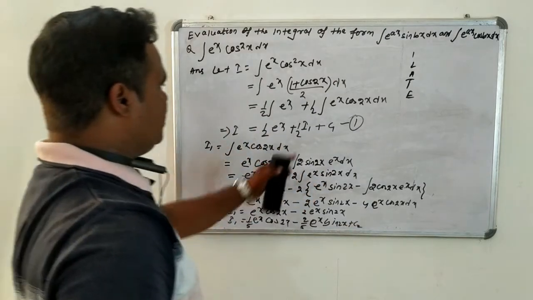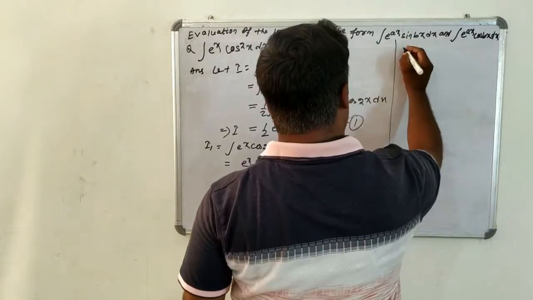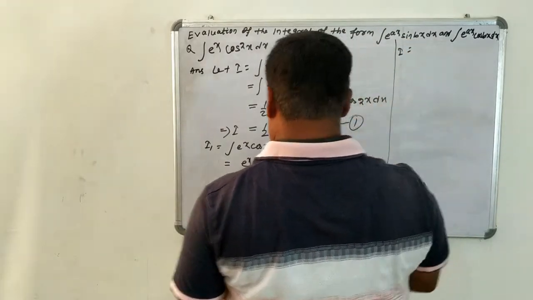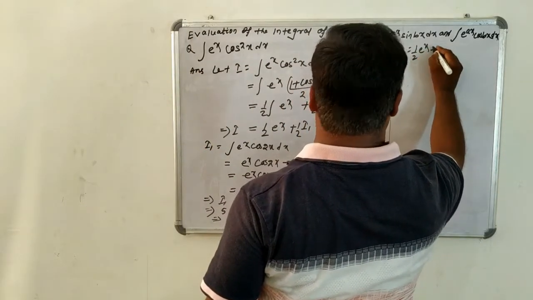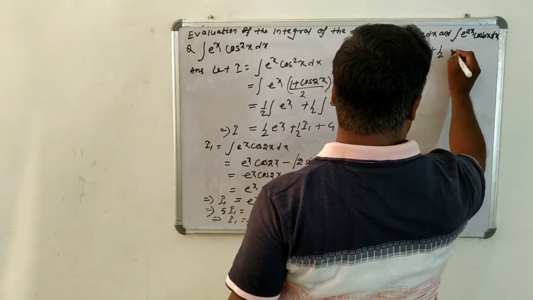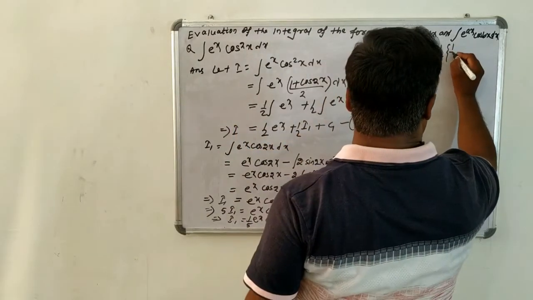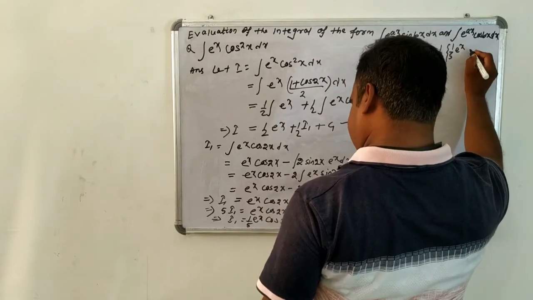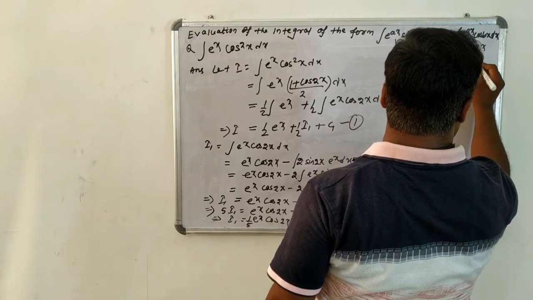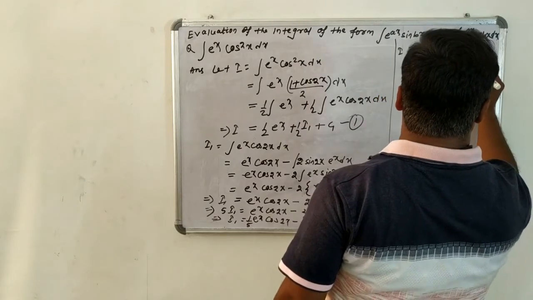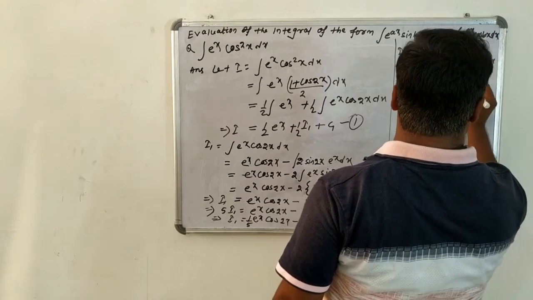Now putting this value in the given equation 1, the answer is here: I equals half e^x constant plus half of I1, that means 1 by 5 e^x cos 2x minus 2 by 5 e^x sin 2x plus C1 plus C2.